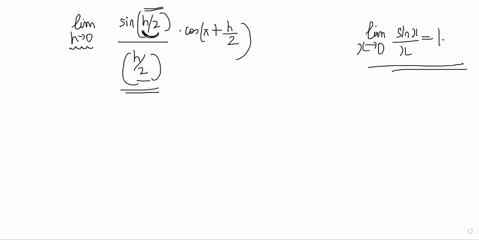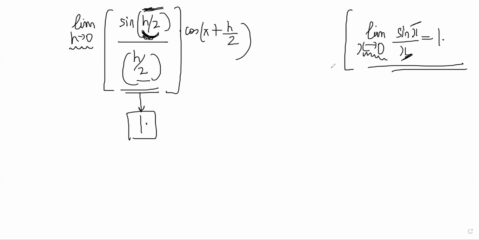In this limit, the angles must match, and also x should tend to 0. So this is the situation where the angles are tending to 0 and both the angles are matching, and it is the ratio of sine of h by 2 by h by 2. So this limit should be 1, no? According to what we saw earlier. Yes, sir.